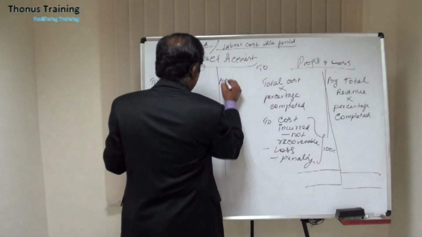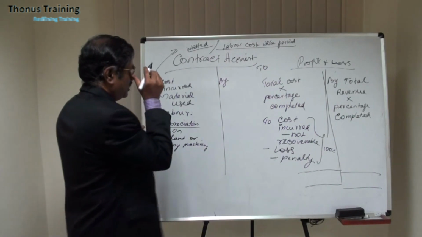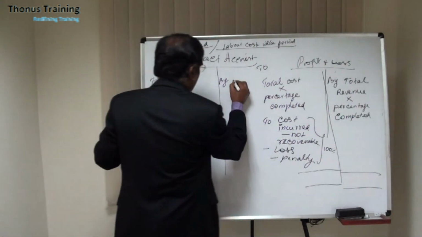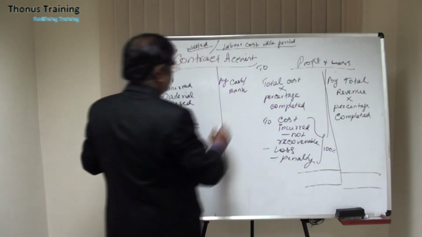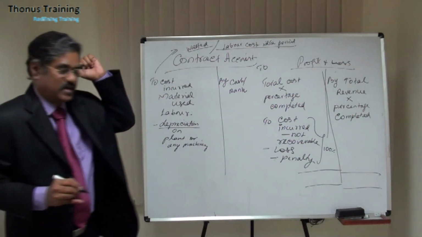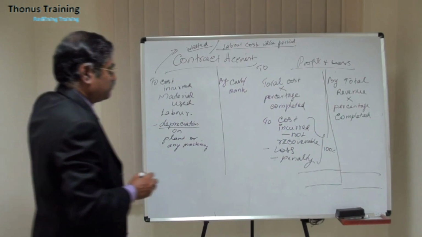Then here you are going to credit this account with the money received from the client, either cash or bank. So money received from the client is credited to this account.